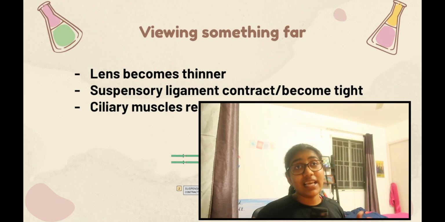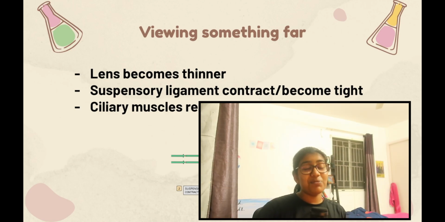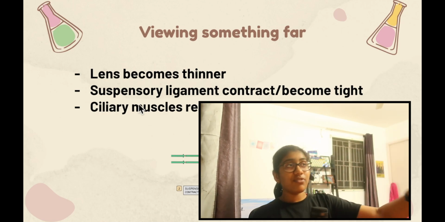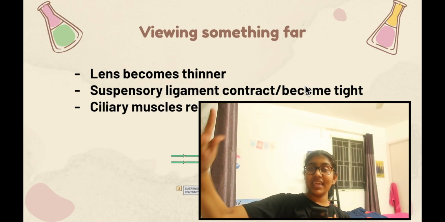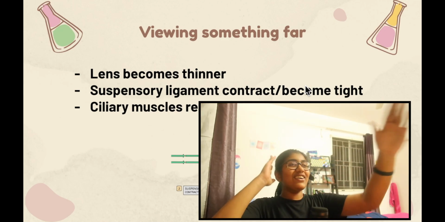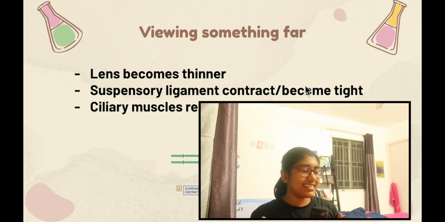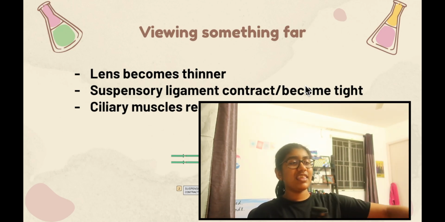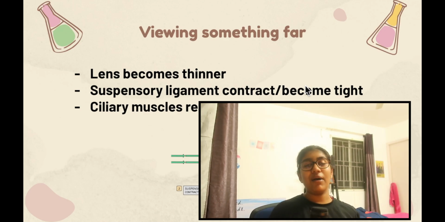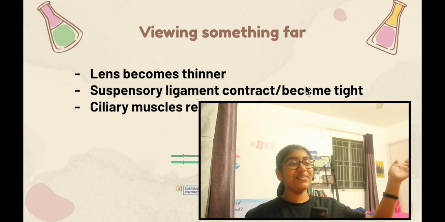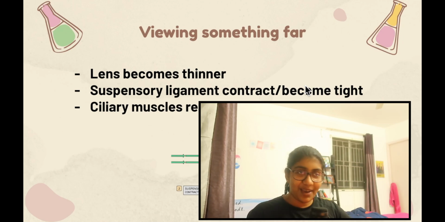So the lens is fat when you view near objects. And in a future stage, or a far stage, the lens would be thinner because they want to be thin. So the future stage, when they look into the distance, is how I imagined it. The lens becomes thinner to view far objects. This is just how I remember it. Obviously, you can find your own way, but this way seemed to help me quite a bit.